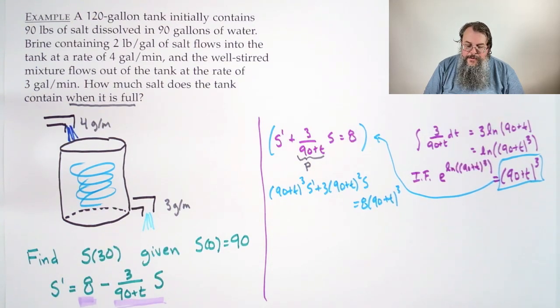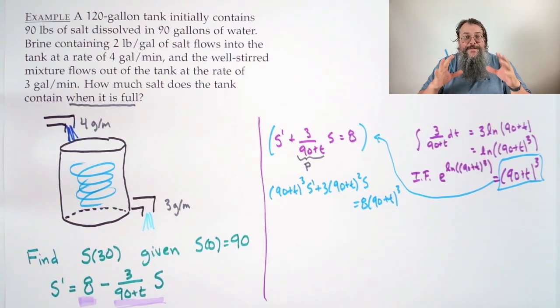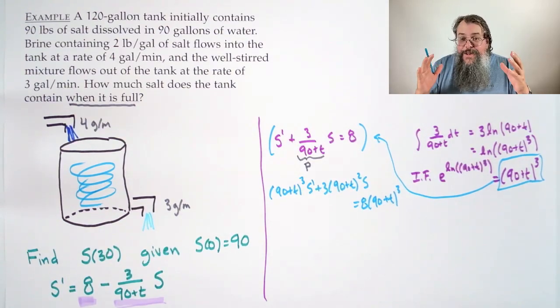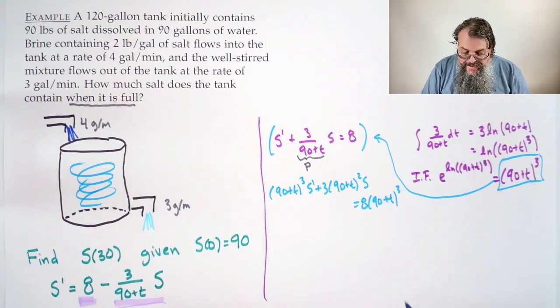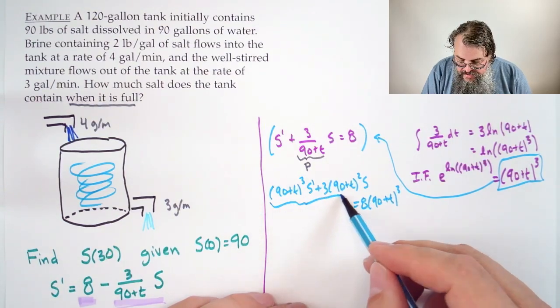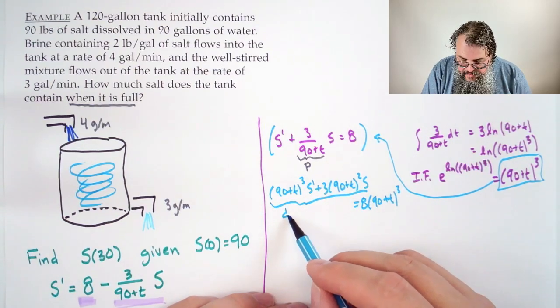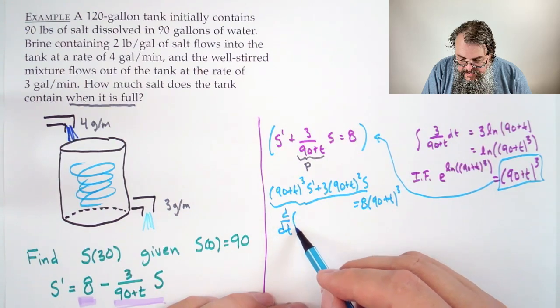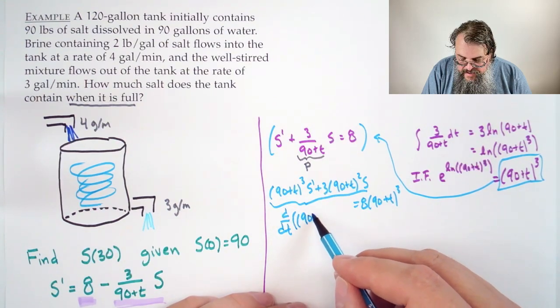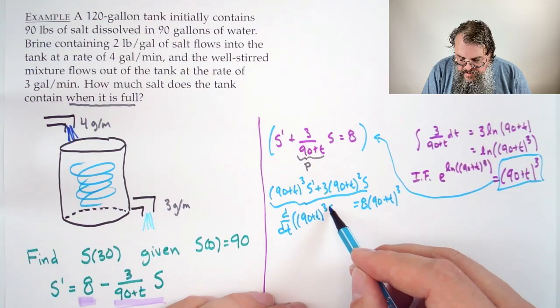But through our careful planning, the left-hand side is nice. In particular, this is the derivative here of 90 plus t cubed times s.